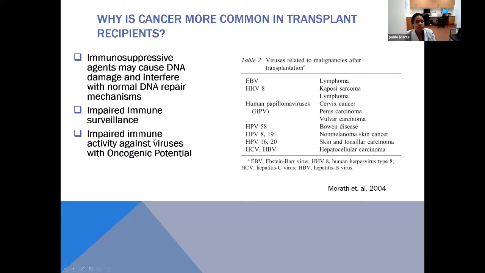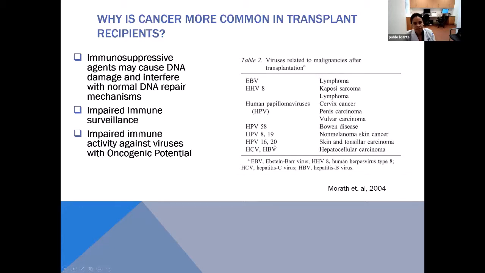And they also have impaired immune activity against viruses with oncogenic potential. All these viruses are associated with malignancy: EBV with lymphoma, HHV8 with Kaposi, HPV with cervical cancer. So patients with a transplant have a higher risk of these malignancies because they have decreased immune activity against these viruses.